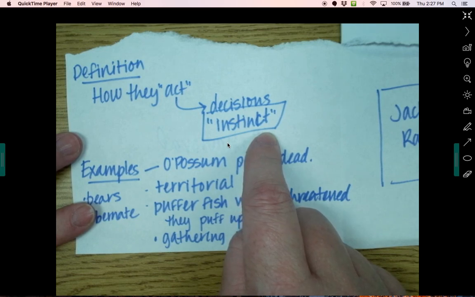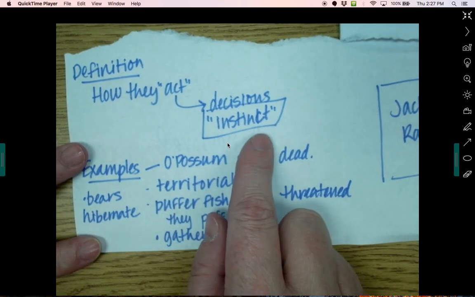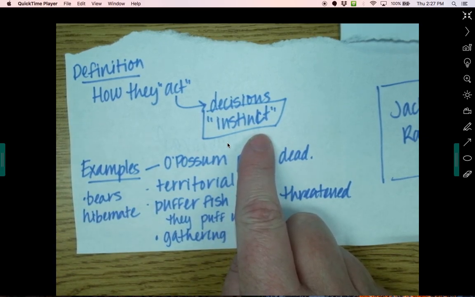Like caterpillars, they instinctively know when it's time to start making their cocoon so they can turn into butterflies. Some animals that hibernate, not all bears, but some, instinctually know when it's time to start hibernating.